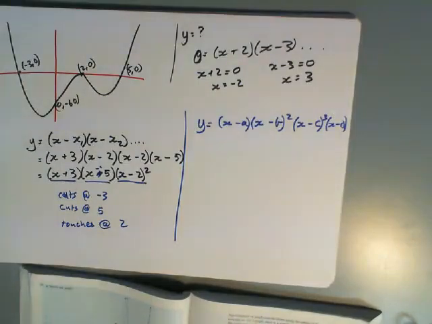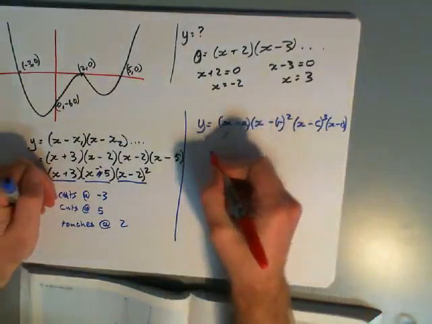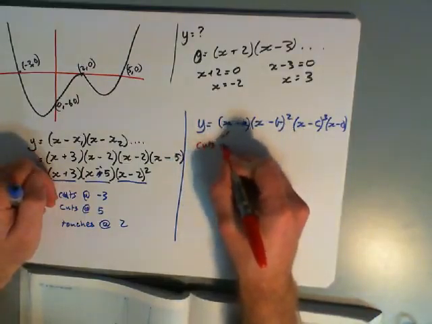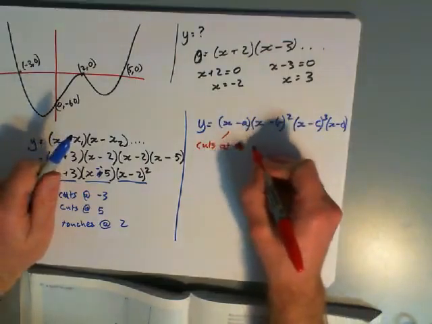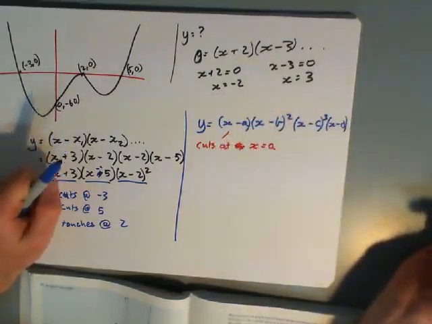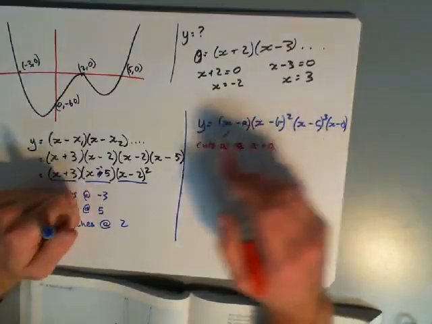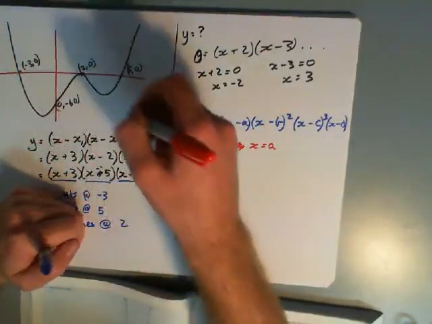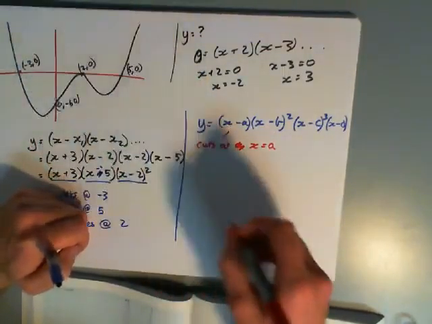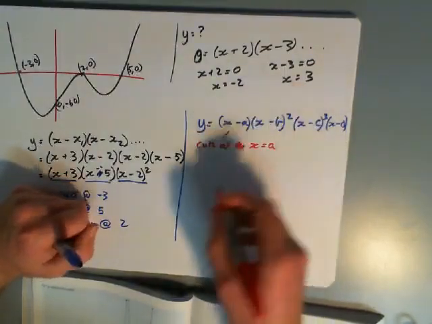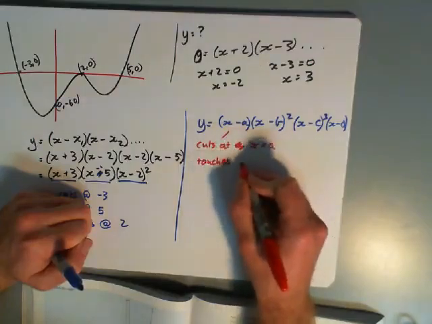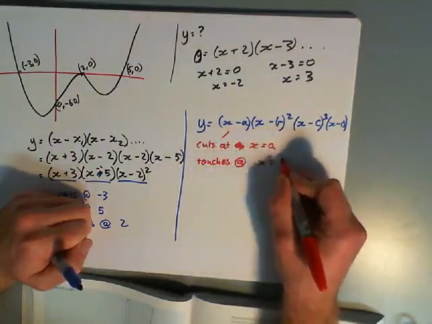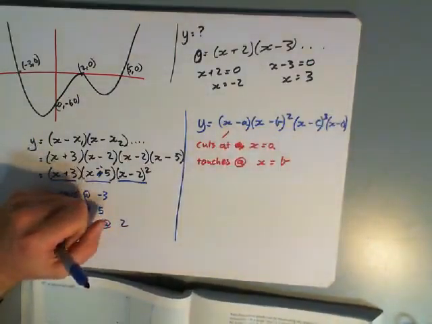Well, it cuts the x-axis at a. Doesn't matter what number a is, it's just going to cut it. So in this case we had minus 3 and 5, so it goes across it. Okay, when we get a square, it touches it. Touches at b.